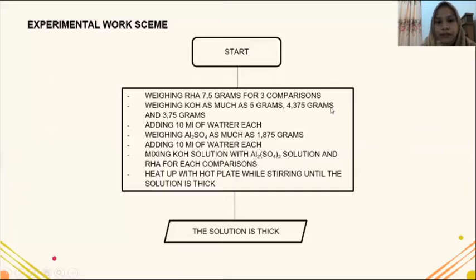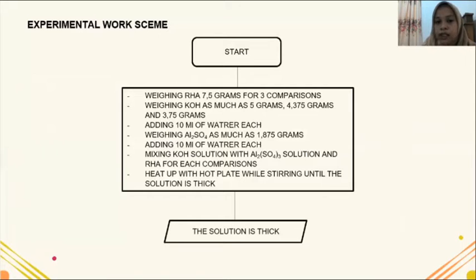Experimental worksheet. Weighing RHA 7.5 grams for 3 comparisons. Weighing calcium hydroxide as much as 5 grams, 4.375 grams, and 3.75 grams. Adding 10 milliliters of water each.